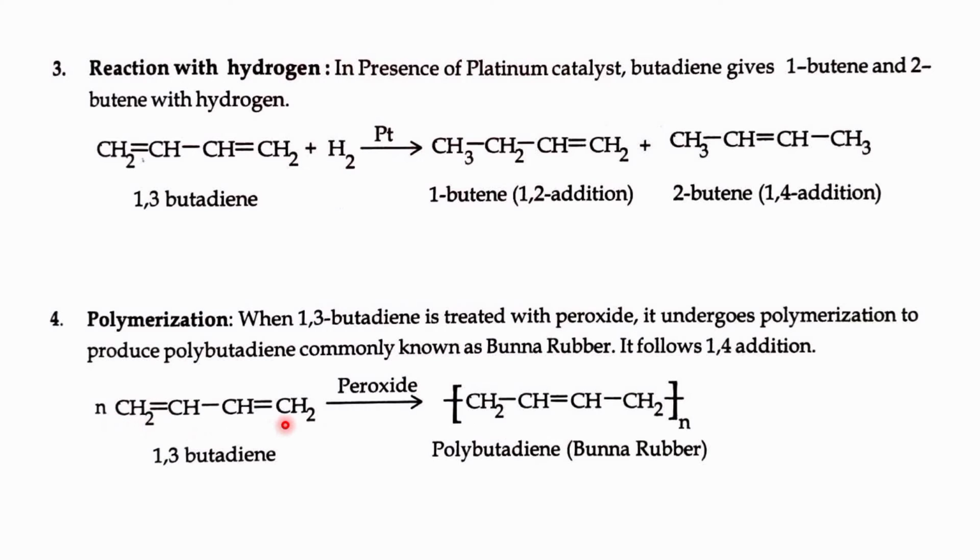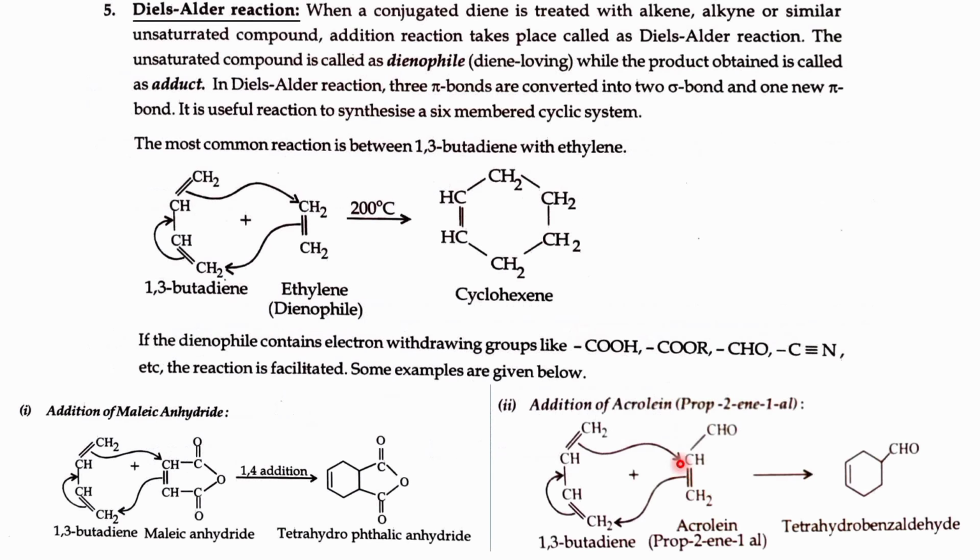This single molecule is called a monomer, and it attaches n number of times to get a polymer. So this forms polybutadiene, which is also called Buna rubber.